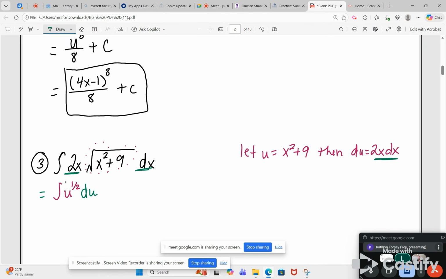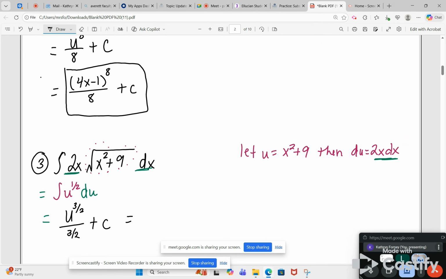Now, when you're taking the antiderivative, you increase the exponent by 1. So that becomes u to the 3/2 because 1/2 plus 1 is 3/2. And we divide by 3/2.